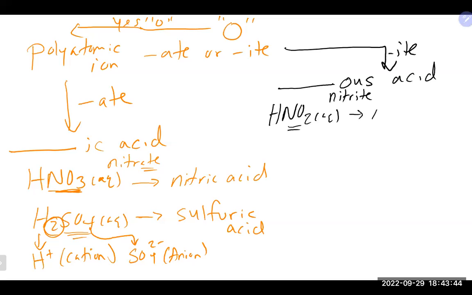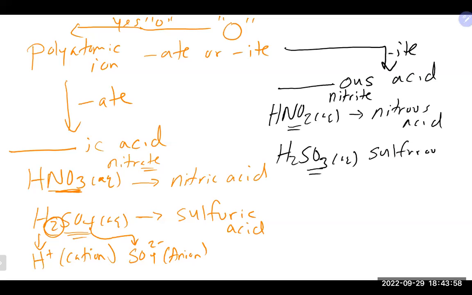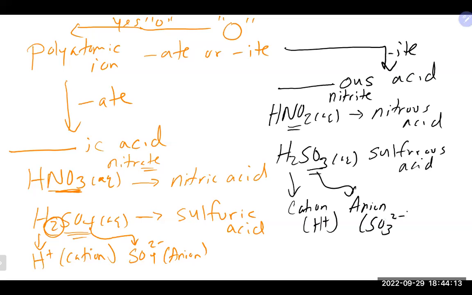So this would be nitrous acid. If you had H2SO3, that is sulfite. That would be sulfurous acid. Same thing here. Our cation would be the H plus, and our anion in this case would be the SO3 2 minus.